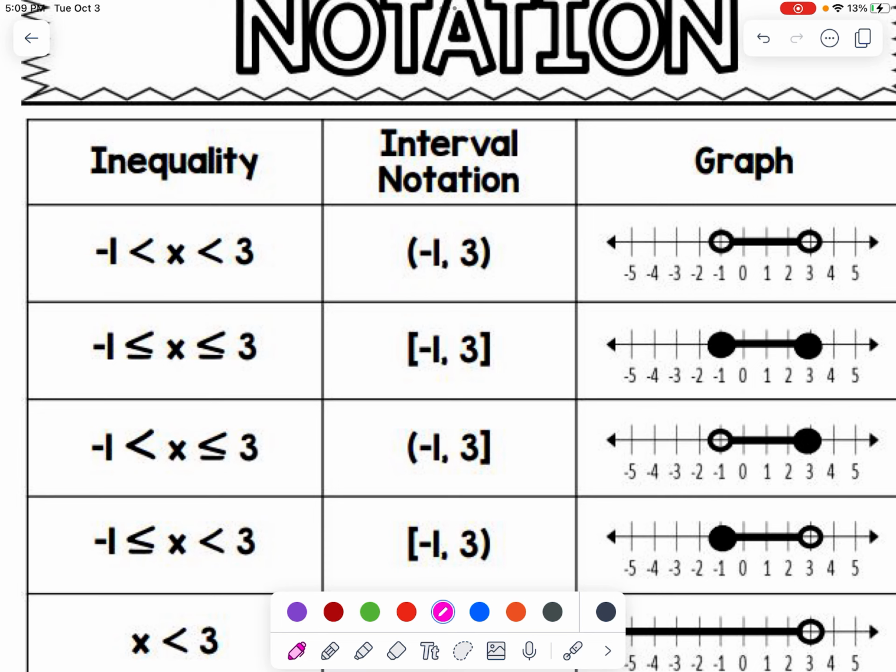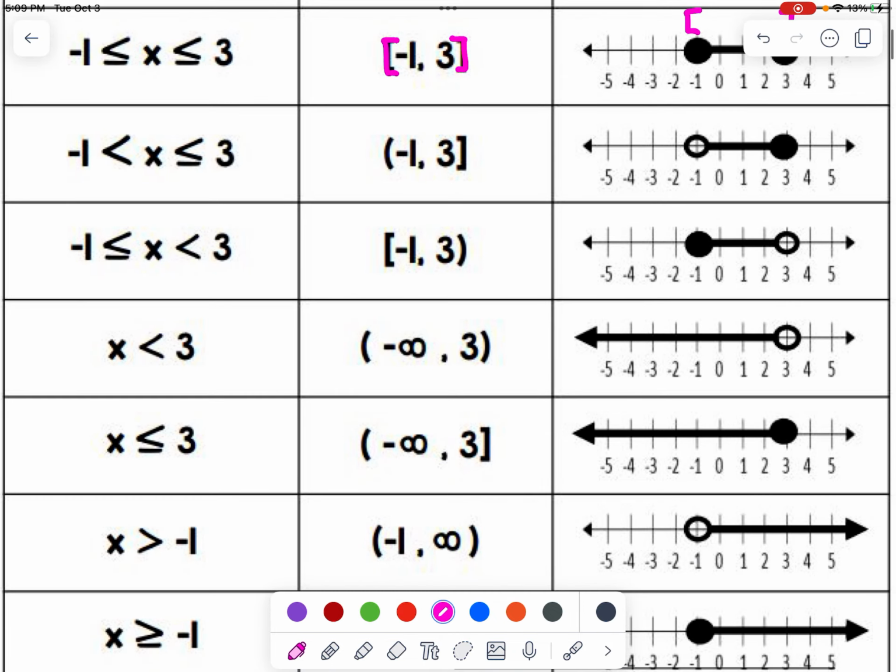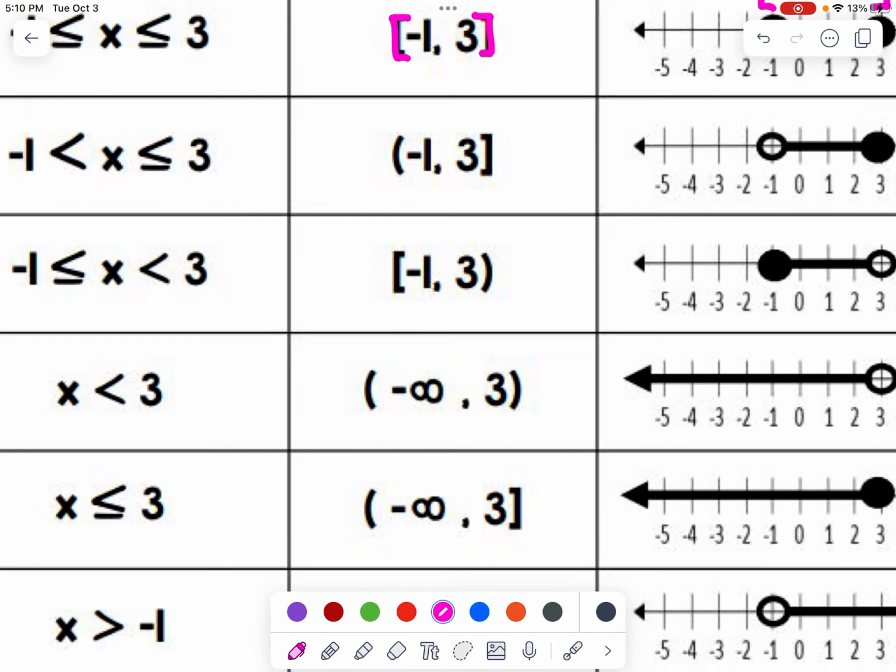If we have open circles, we have parentheses. If we have closed, we have brackets. So bracket, bracket. And when you have one or the other, bracket on one side, parentheses on the other.